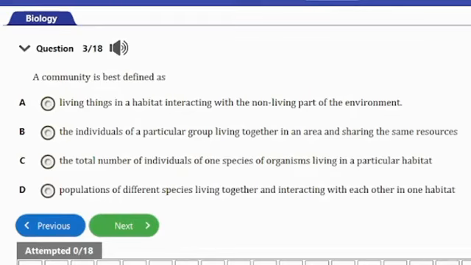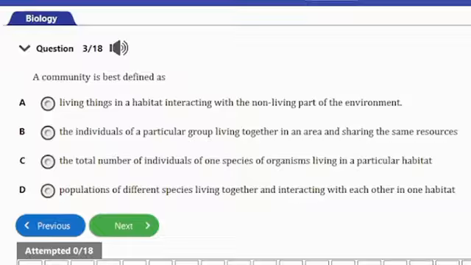Question number 3 here. It says, a community is best defined as A. living things in a habitat interacting with the non-living parts of the environment, B. the individuals of a particular group living together in an area and sharing the same resources, C. the total number of individuals of one species of organisms living in a particular habitat, and D. population of different species living together and interacting with each other in one habitat.